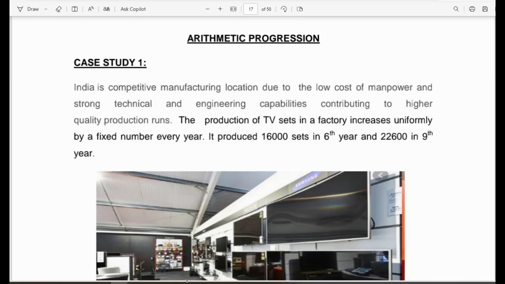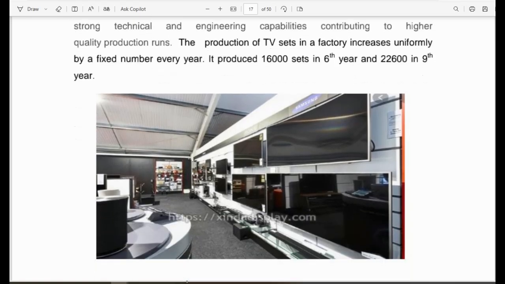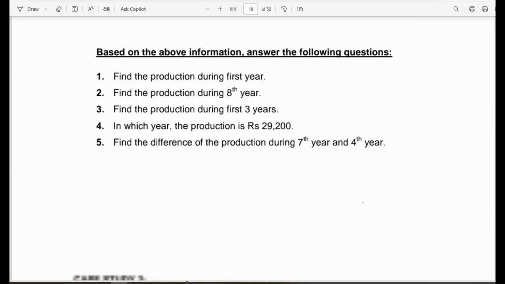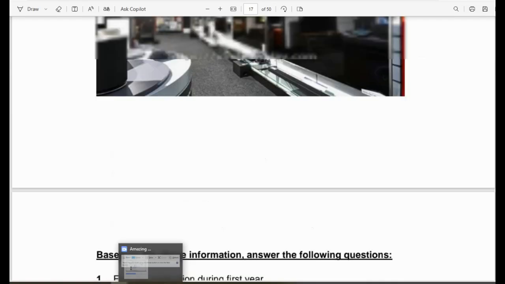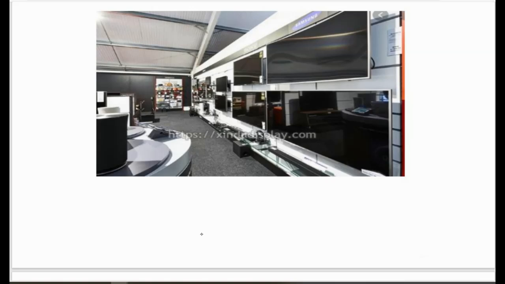The production of TV sets in a factory increases uniformly by a fixed number every year. If it produces 16,000 sets in 6 years and 22,600 in 9 years, we have to find the values for the given questions. So what are the things they have given?